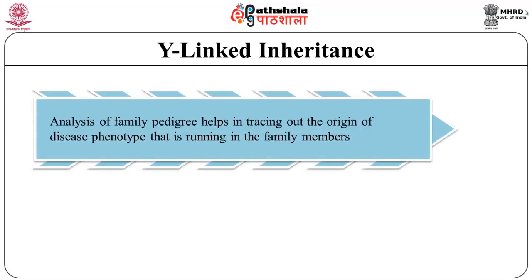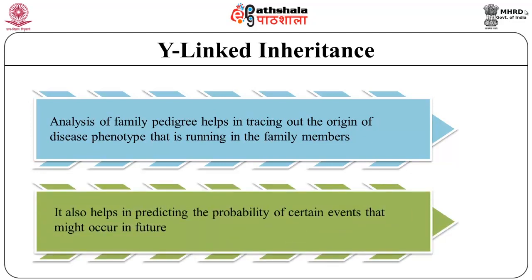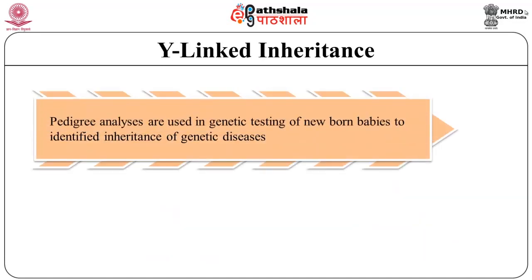Now let's have a look at the analysis of the family pedigree, which helps in tracing the origin of the disease phenotype that is running in the family members. It also helps in predicting the probability of certain events that might occur in the future. Pedigree analysis is used in the genetic testing of newborn babies to identify the inheritance of genetic diseases.